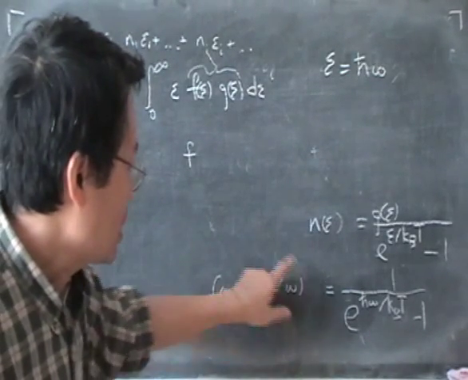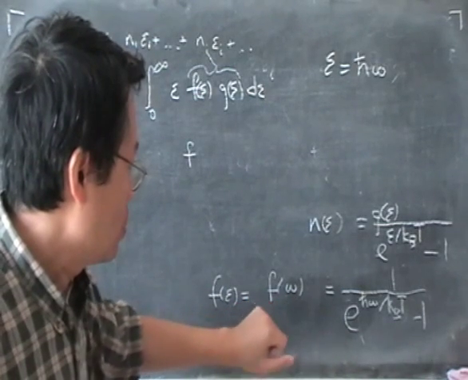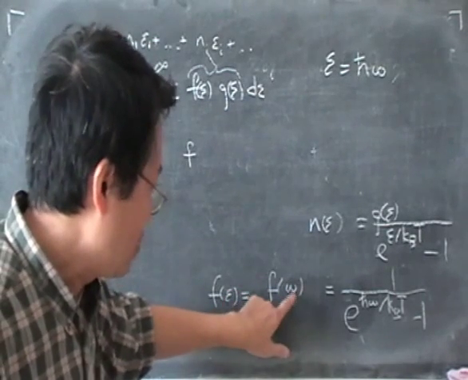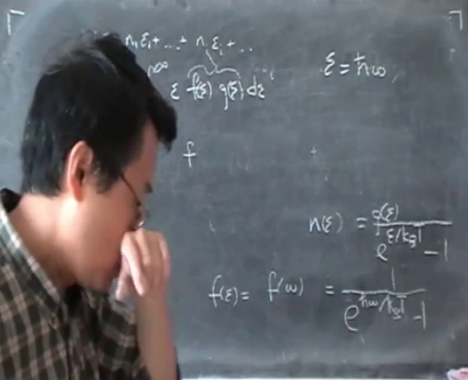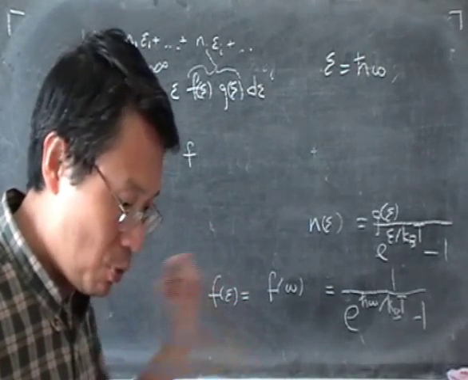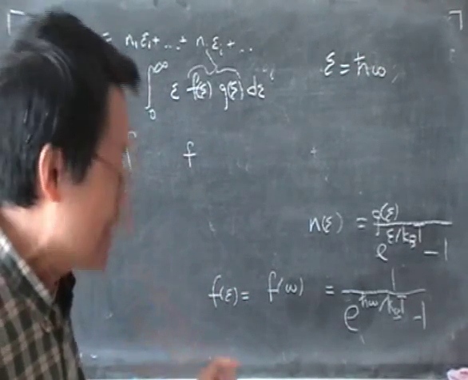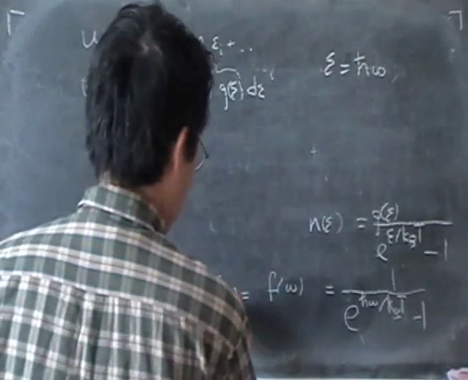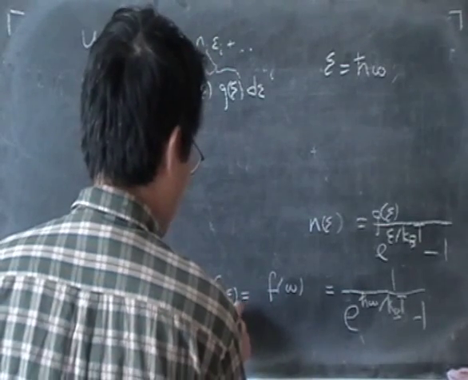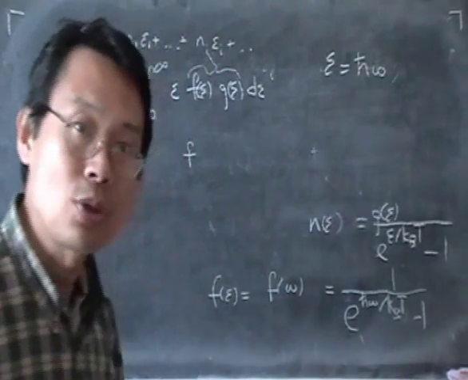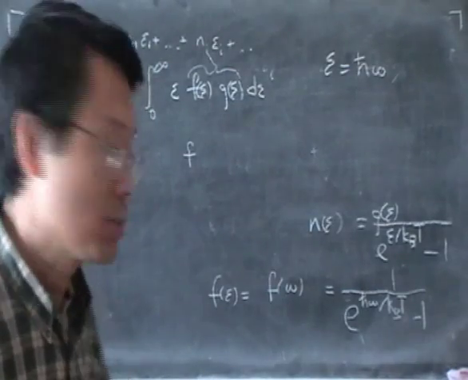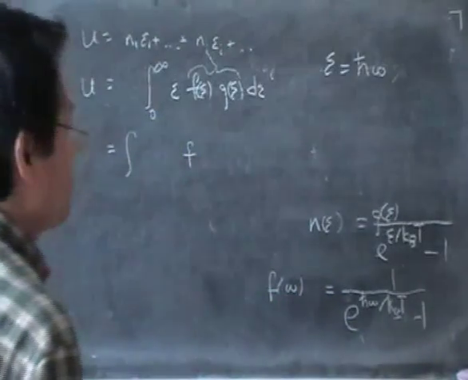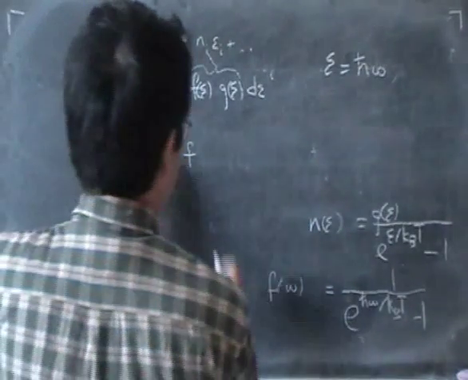The way to understand this is that if that variable is omega, we would understand f to mean the number of particles in a state that has angular frequency omega. So I'm assuming that those two are equal in a descriptive sense rather than a mathematical sense.